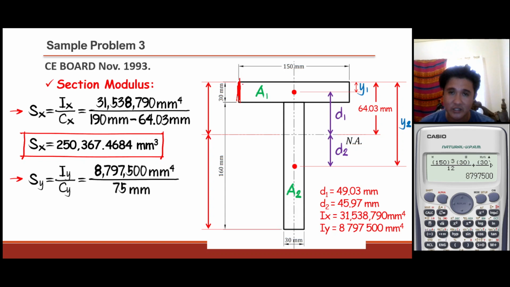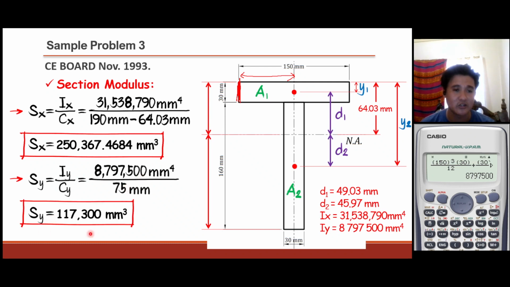So, this is the most extreme fiber. Tapos, ito yung y-axis natin. So, ito yung distance na ito, which is 150 divided by 2. Kaya, 75 millimeters. And inputting sa calculators natin, we will get yung value ng section modulus with respect to y-axis na 117,300 cubic millimeters. Okay? So, that is yung pagkuha ng section modulus.